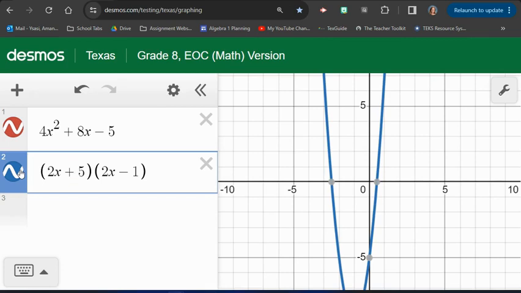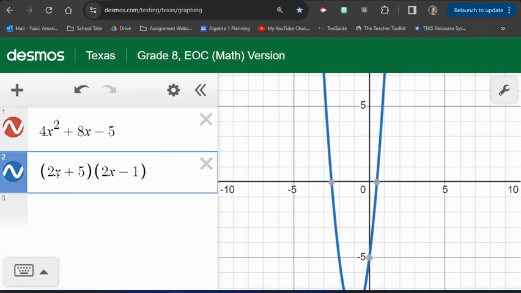If you're not doing this on Desmos, then that is a problem. Okay, so that one is it. So we circle it.